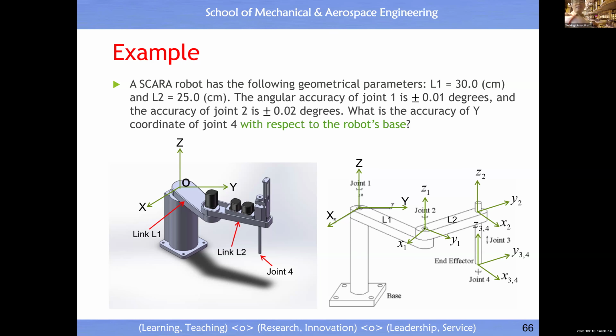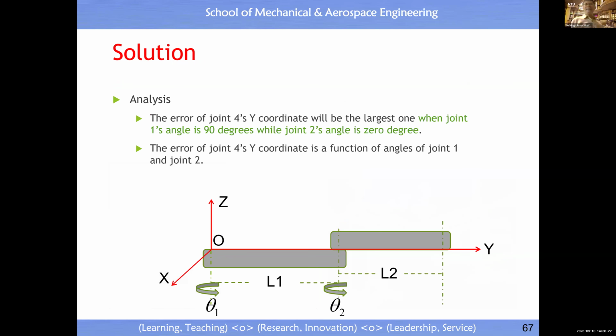this is a SCARA robot. We just look at the two links in the horizontal plane, L1, L2. Very simple mathematics, right? Theta 1 drives L1 and L2. Theta 2 drives L2. Pay attention: theta 1 will drive the sub-assembly between L1 and L2.